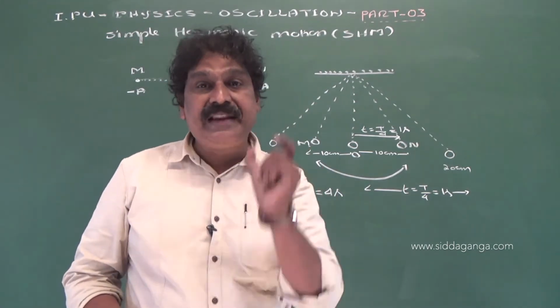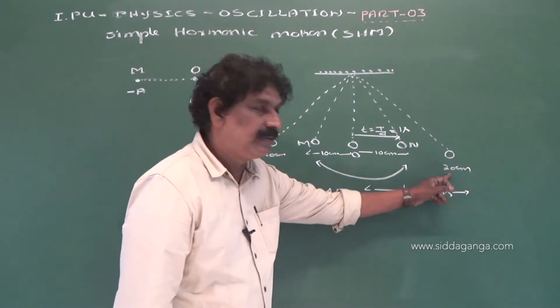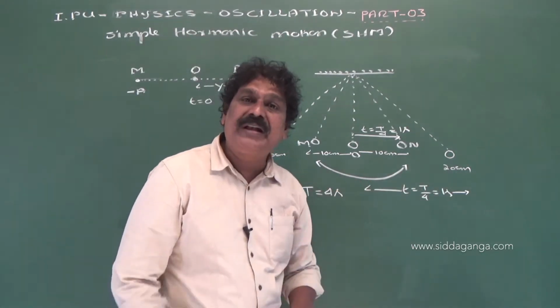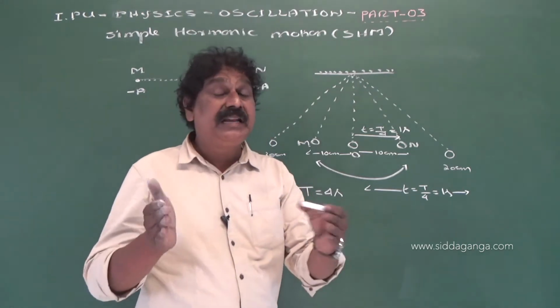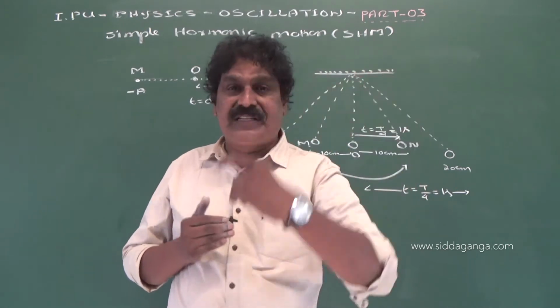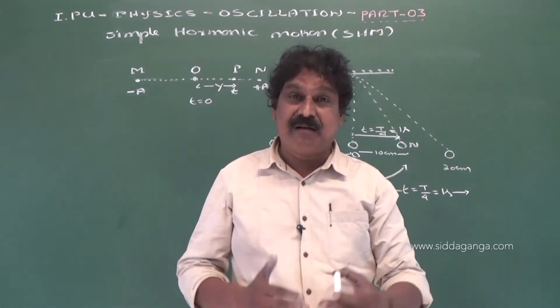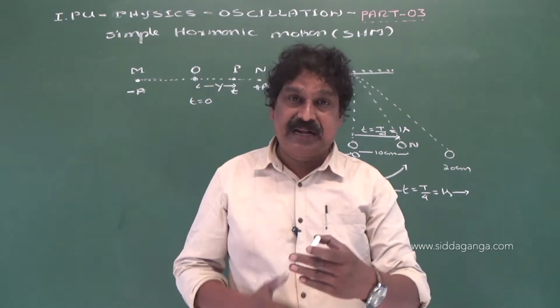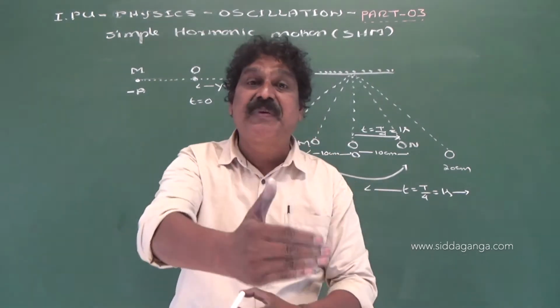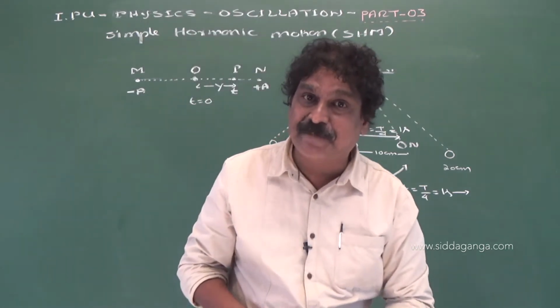Now it has again taken the same 1 second to travel a distance of 20 centimeter. Generally, to travel a larger distance in the same interval of time, according to mechanics, we have to increase the speed, or the velocity.